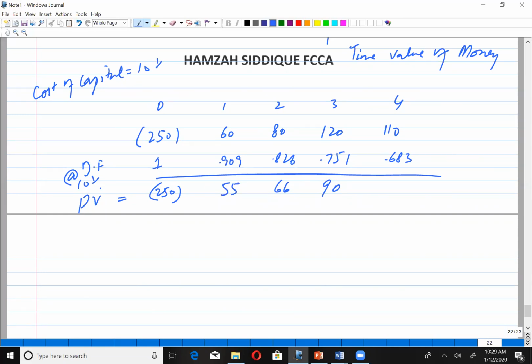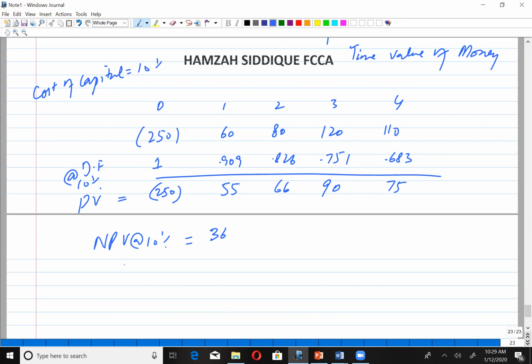Now 110 cross 0.683 is 75. So NPV at 10%, we can calculate the net of all. So it is 36 positive.